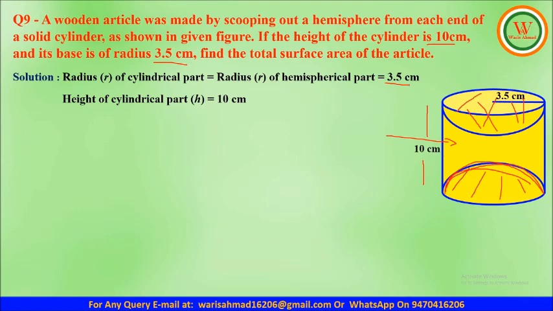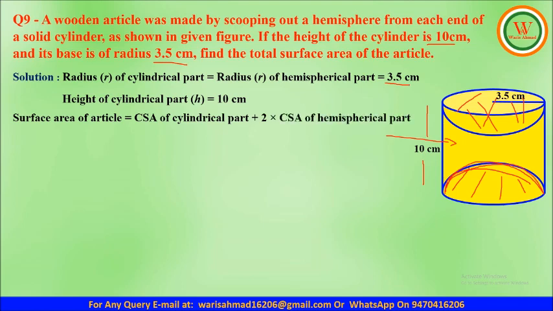Hence, the surface area of this article will be equal to CSA of cylindrical part plus 2 into CSA of hemispherical part. We have to multiply the CSA of hemispherical part by 2, because we have two hemispheres, one at the bottom, second at the top.